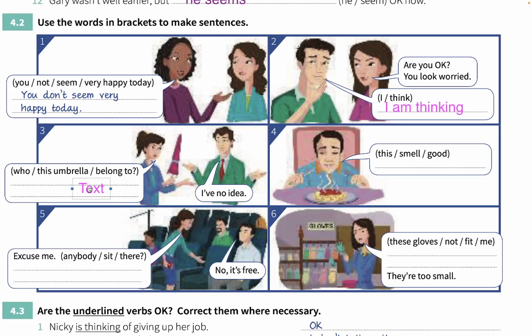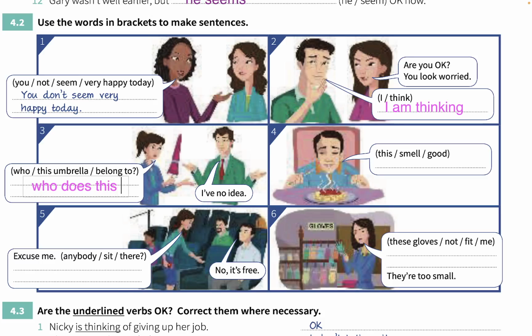Number 3. Who does this umbrella belong to? I have no idea. So it's who is? Yeah, who is? So it's who does.